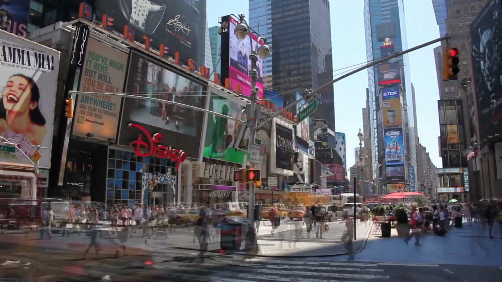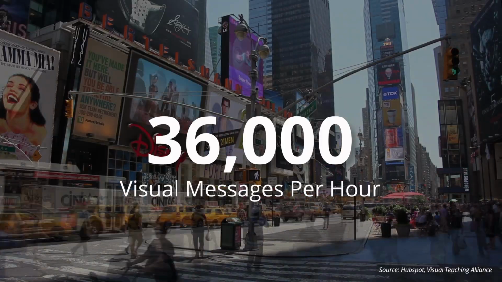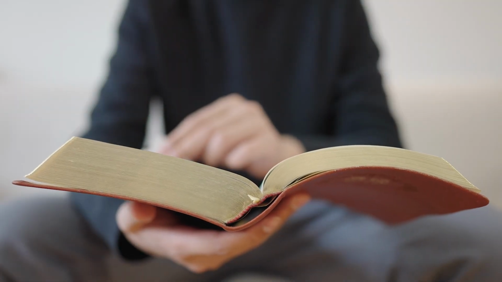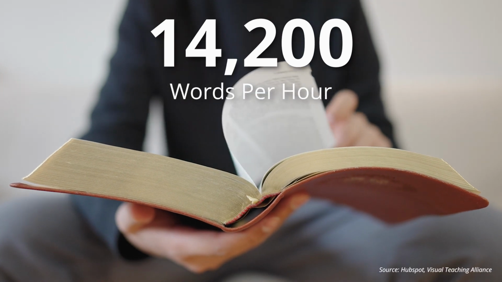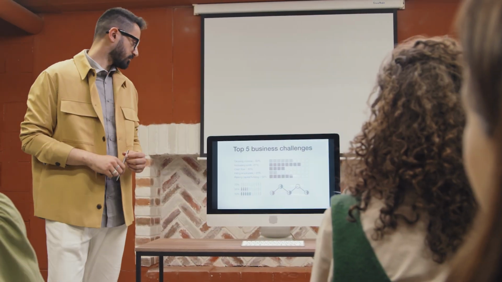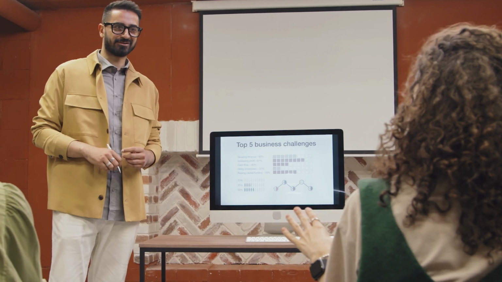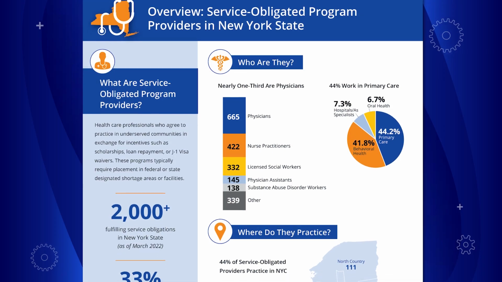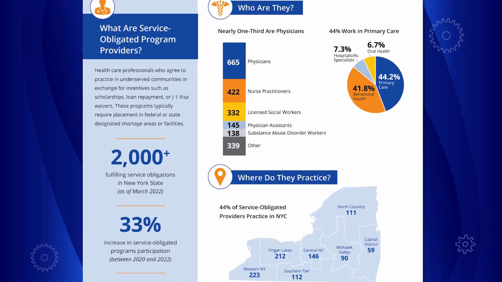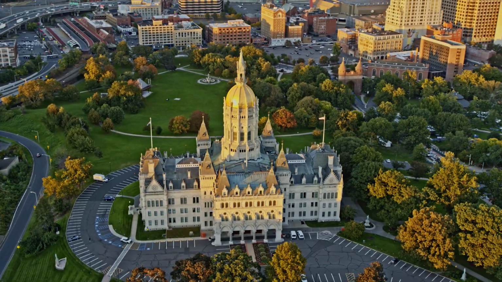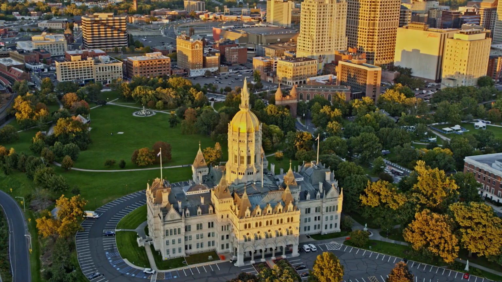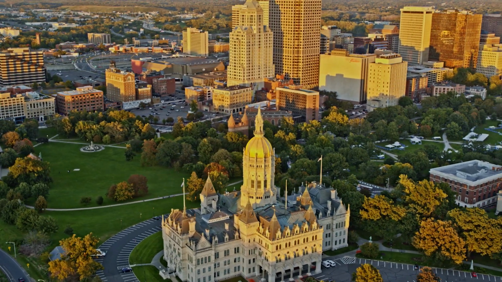The human eye can register 36,000 visual messages an hour, whereas the average adult can only take in just over 14,000 words in the same amount of time. In short, infographics are a great tool to provide a visual representation of your key findings in a quick, easy, and effective way. They are especially useful if you want your research to resonate with policymakers and the general public.